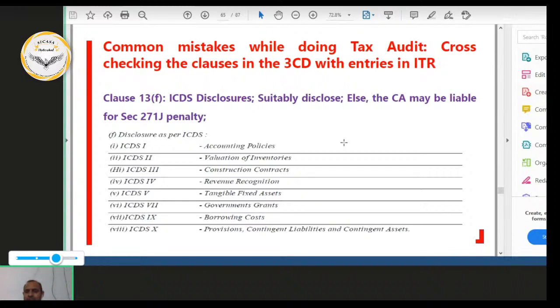Anyway in notes to accounts you will be commenting on inventories, construction contracts, revenue recognition, tangible fixed assets, government grants, borrowing cost, contingent liabilities, etc. So you have to give the cross reference of that particular serial number in the 3CD also. Otherwise, I told you there may be a chance that there is a penalty for the auditor under 271J.